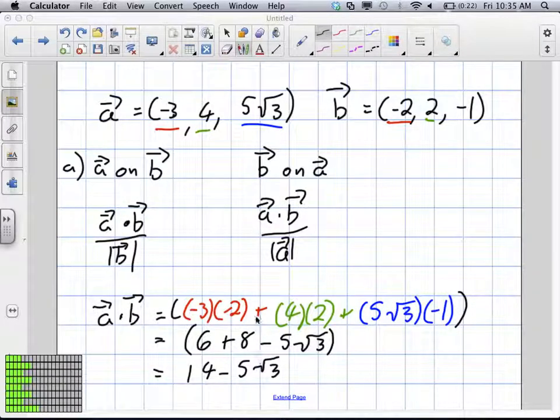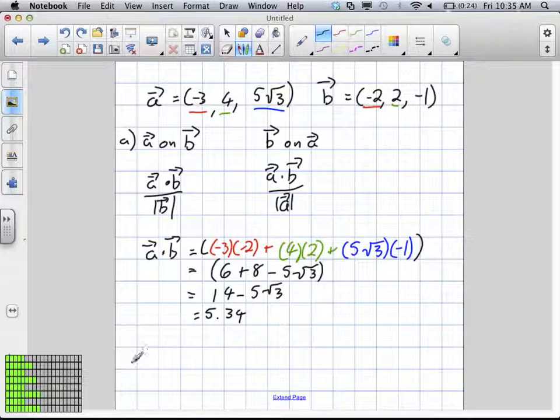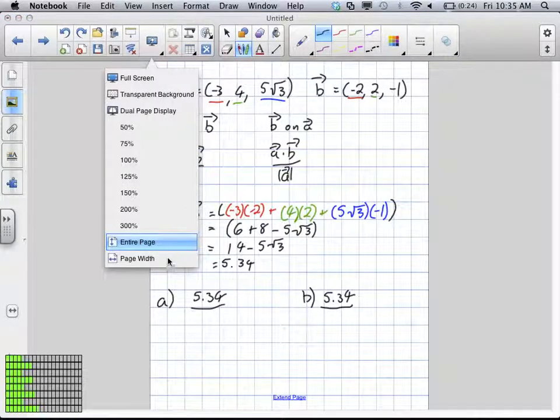Okay? 5.34. Great. So for A on B and for B on A, we have the numerator of the fraction, 5.34, and we know our dot product in the other one's going to be the exact same, 5.34. But what we now need to calculate is our absolute value of A and B for both questions. So we'll go ahead and do both of those. Scroll down to the bottom here.